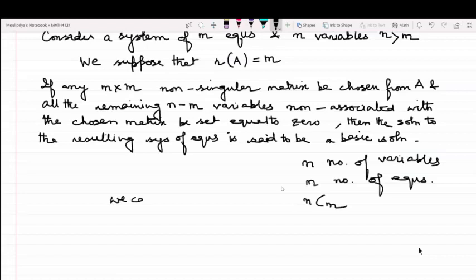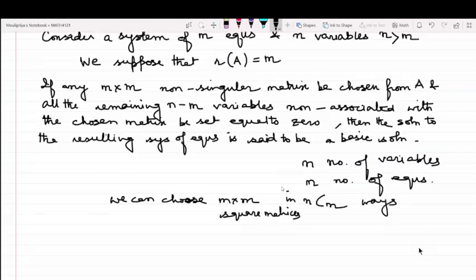So we can choose m cross m square matrices in nCm ways. Once we are choosing m cross m square matrices, how many variables are still left out? n minus m. Exactly.